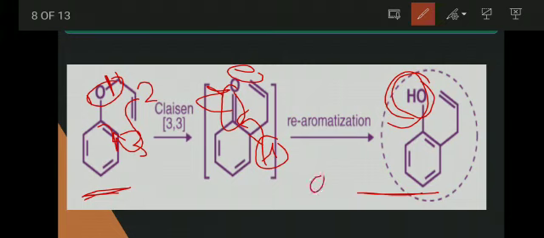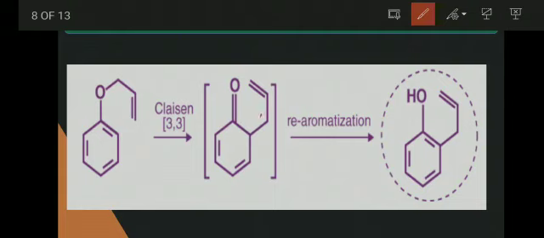Here we see the ortho allyl phenol is formed, and a para product can also be formed, but generally ortho allyl phenol is formed because the hydrogen is easily available for the migration or tautomerization. Therefore ortho allyl phenol is the general product of the Claisen rearrangement. But when we block the two ortho positions of that compound, no hydrogen is available for migration.